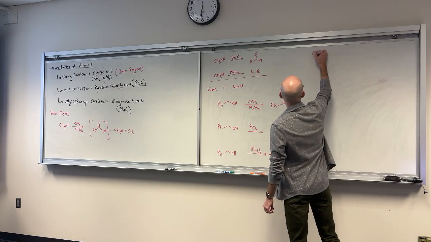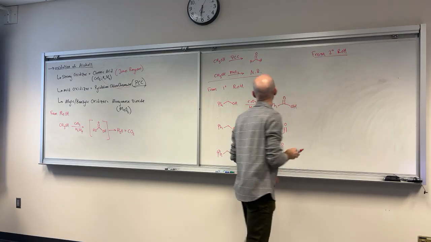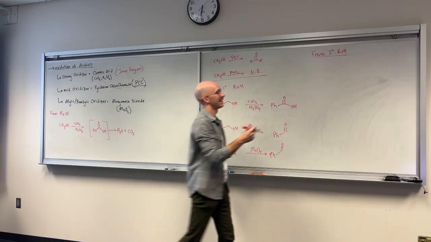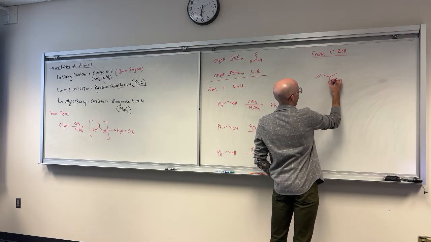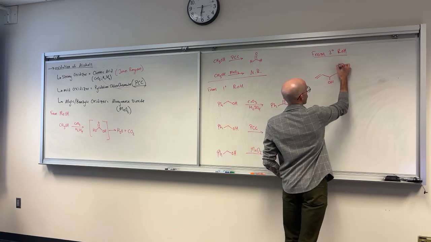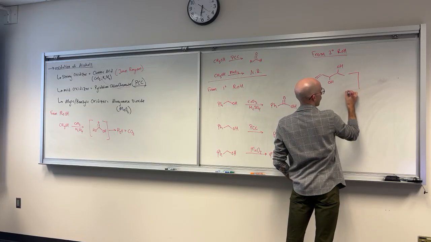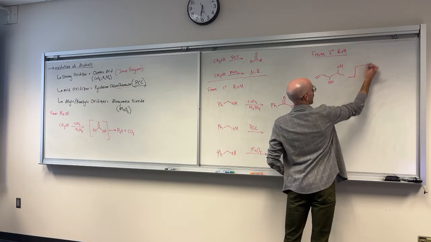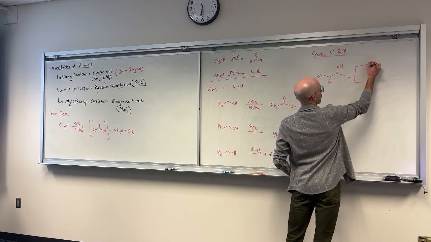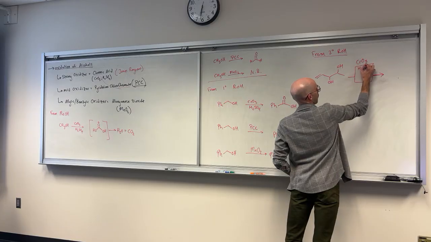All right, the last one to look at is from secondary alcohols. And here we actually have less to consider. If I react this with chromic acid and if I react this with PCC, I get the exact same outcome.